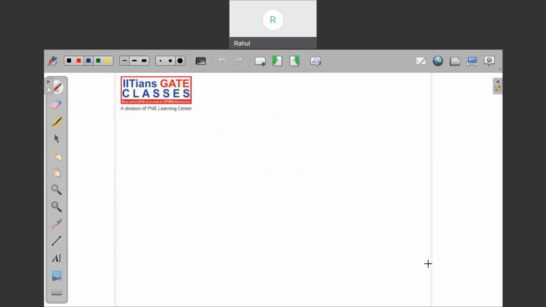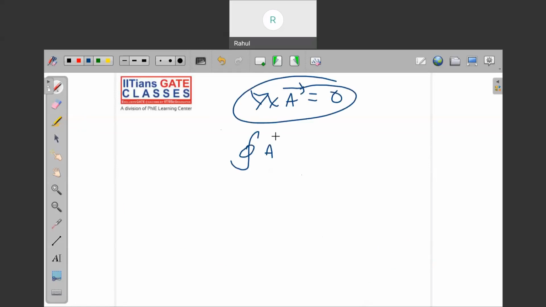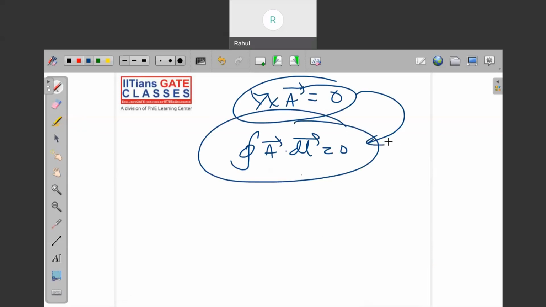So we will study in future regarding Stokes theorem, where we will compute the line integral A dot dl, right? There you will find that if the curl of a vector is equal to 0, it means that A dot dl will be equal to 0. So remember this.